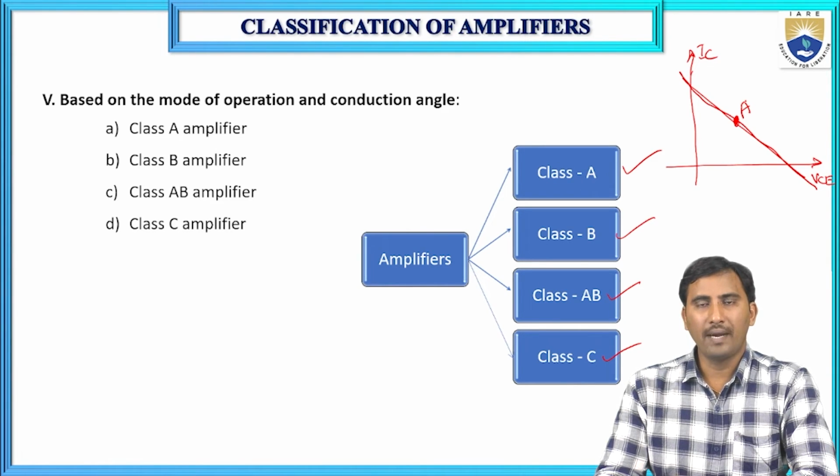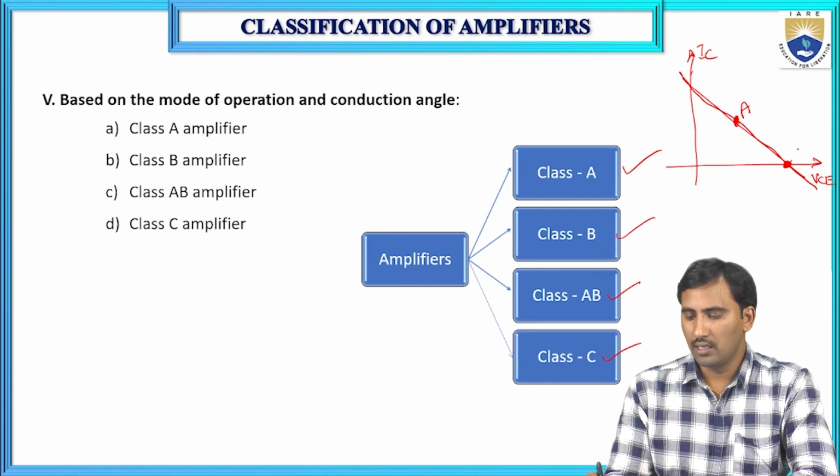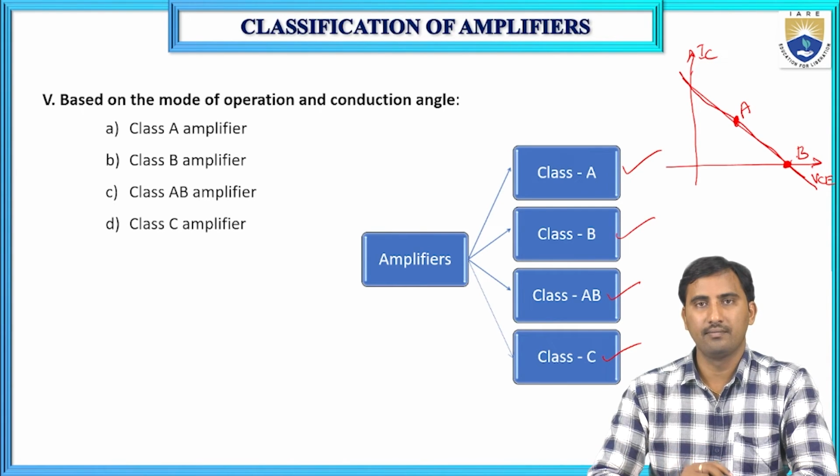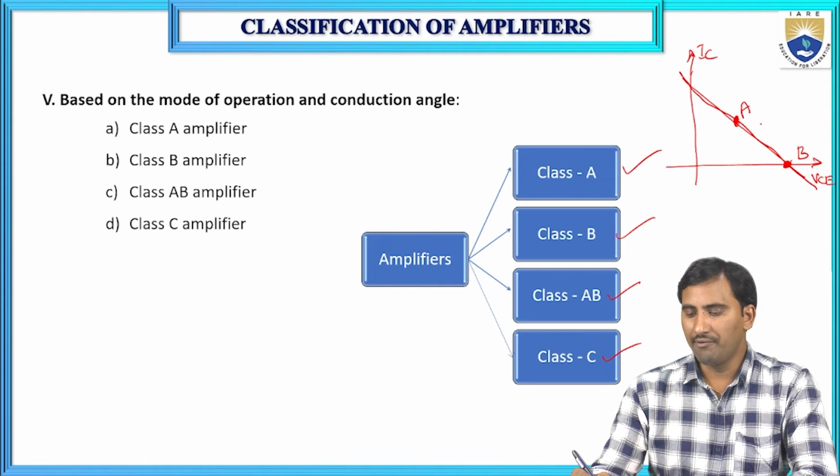And if the operating point is located exactly on the x-axis, then that is called class B power amplifier. If the operating point is located anywhere from this point to this point, that is called class AB.